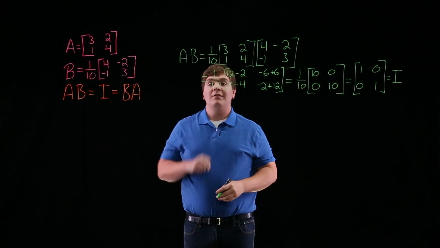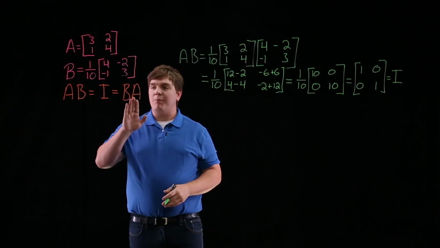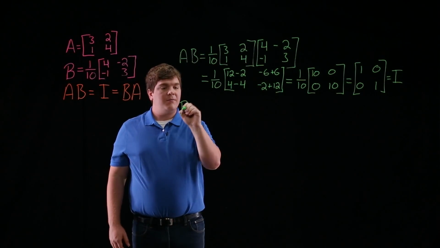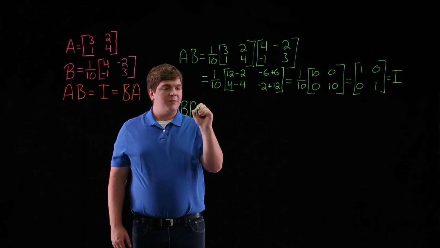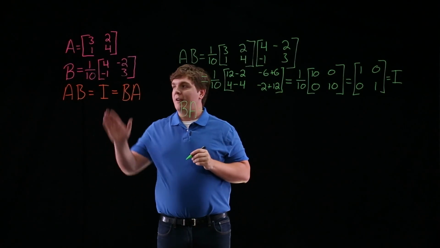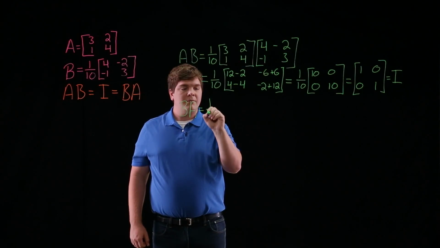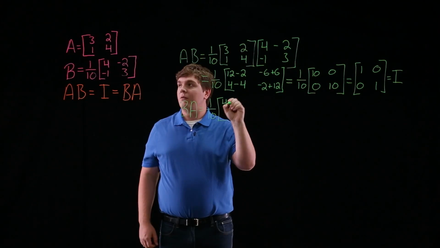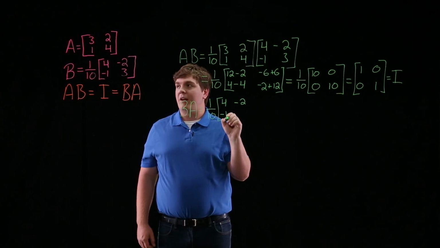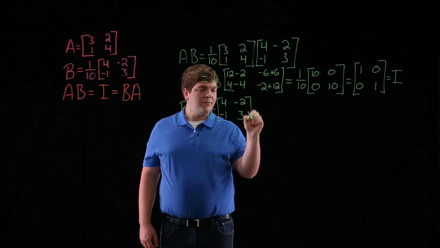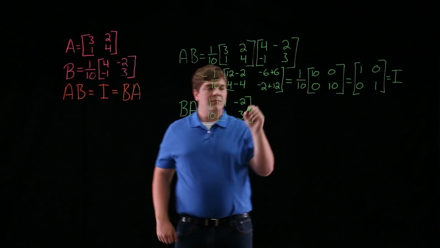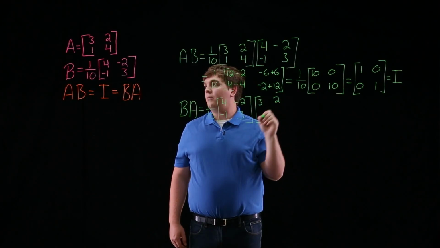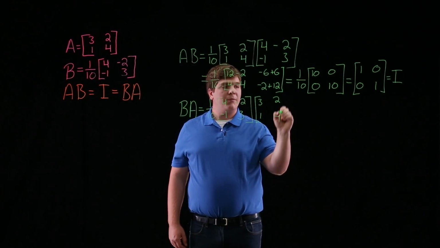So we found A times B, but we also need to show that B times A is equal to the identity matrix. So let's go ahead and find B times A. Here I'll write down my matrix B, which is 1/10 times 4, -2, -1, 3, and our matrix A, which is 3, 2, 1, 4.